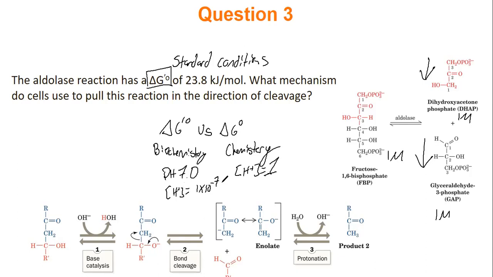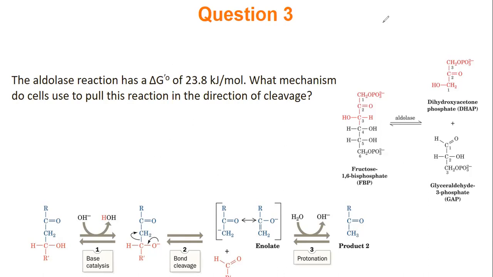So when we do our calculations, we're going to make sure we're at a neutral pH. There might be another difference I'm not thinking of. I would have to relook at those. I'm so used to biochemistry standard state at this point.